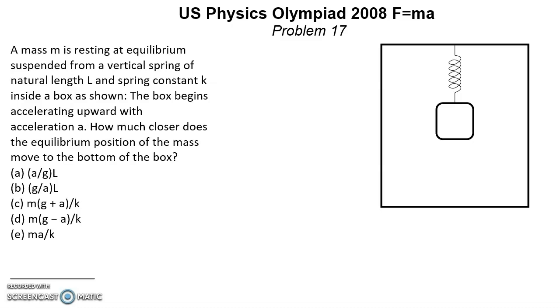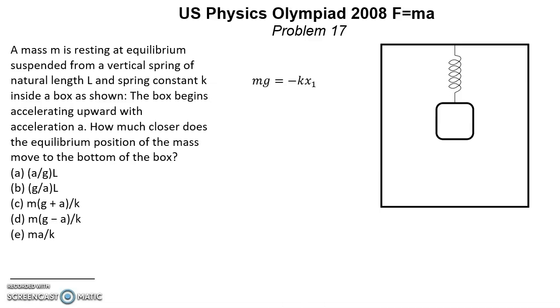So first of all, we can write the equation to find the displacement of the mass from the initial equilibrium to the equilibrium with the mass attached to the spring: mg equals negative kx1. If we start to move this box upward with acceleration A, the best way to do this is to move to the new frame of reference, which is going with acceleration A upward.